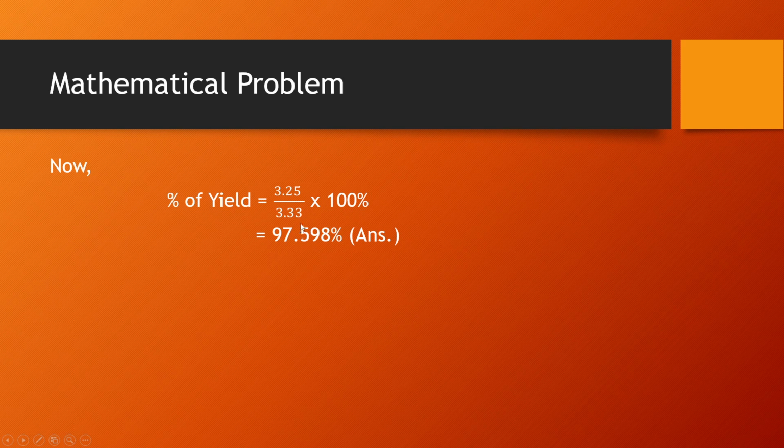This is the type of math that should be in your exercises or in your books. You can easily read the books and you will find many examples here. This is the determination method for percentage of yield.